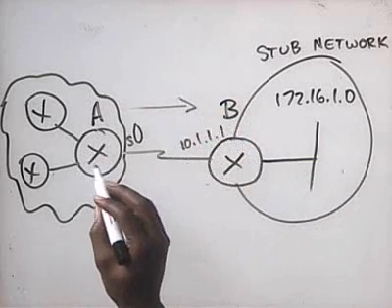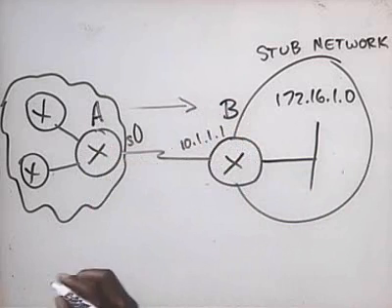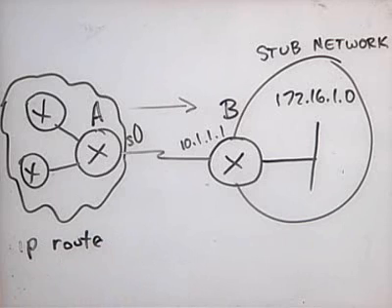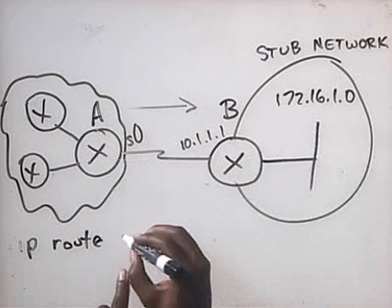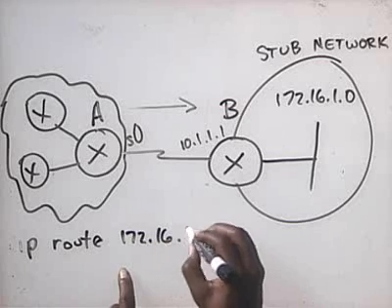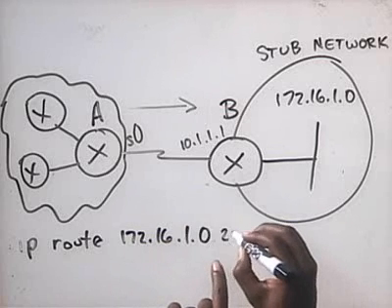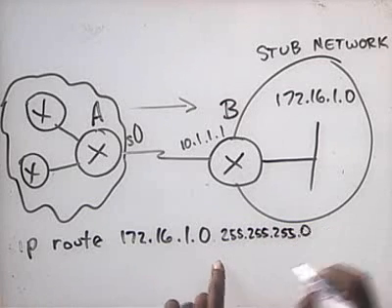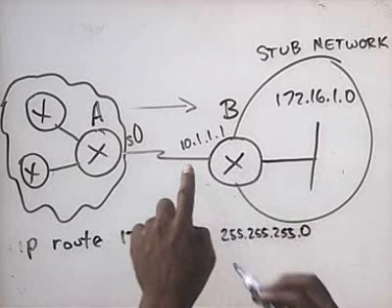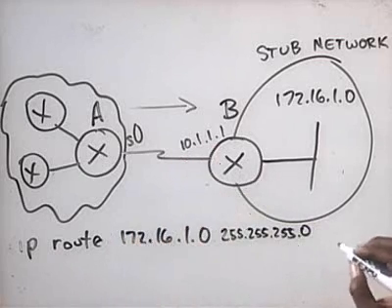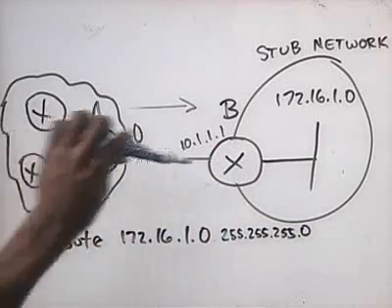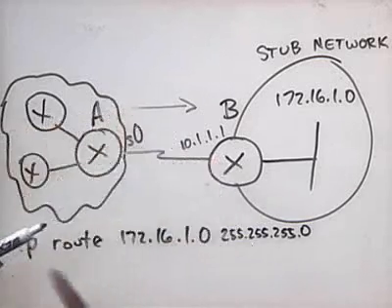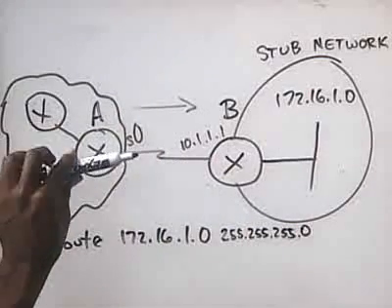From router A, we configure a static route on router A using the command ip route, and then the network that we're going to, 172.16.1.0, along with the mask 255.255.255.0, and then finally the IP address of the next hop, or the router or the device where we'll send a packet if we want to get it to the stub network.